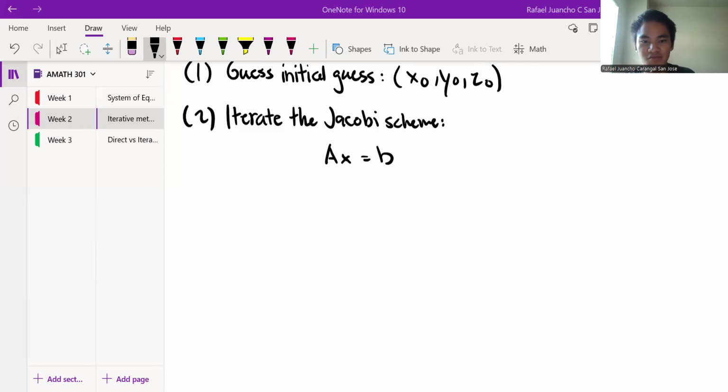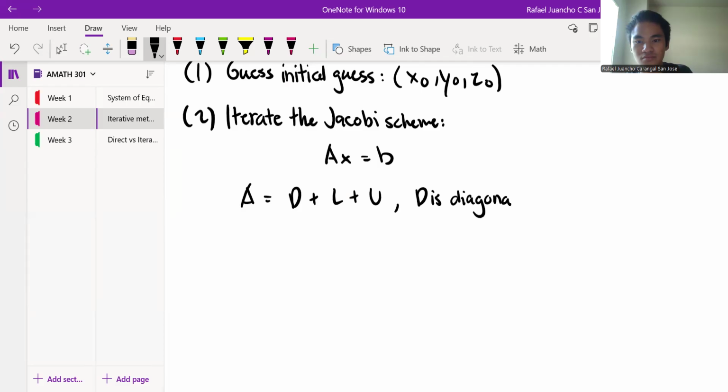And here we actually split A into three components. We say A has this D plus this L plus this U, where D is the diagonal matrix of A. We know what LU is.